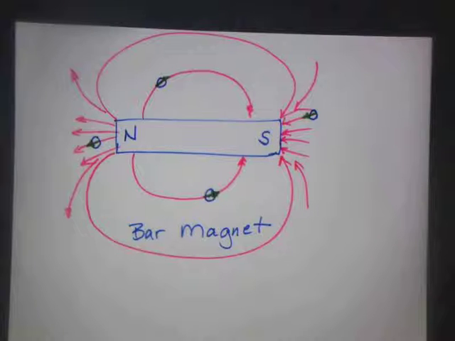So we're standing here in Michigan, and we're holding a compass, and it's pointing to the north, right? Now, using this rule, the north end of the compass is pointing up toward Canada, right? So if that's a north pole, then which end of the bar magnet is buried in northern Canada?